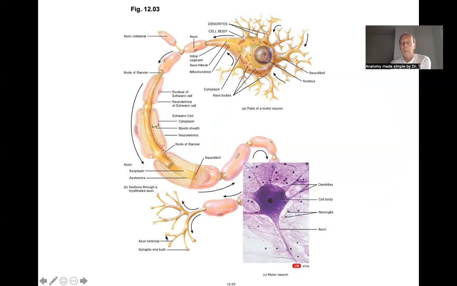Of course, we need to remind ourselves also about some basic things that we covered when we discussed the individual nerve cell, neuron, or nerve fiber. On the top of the diagram, we see the body of the cell containing all the different structures, organelles, nucleus, like any other living cell should have.